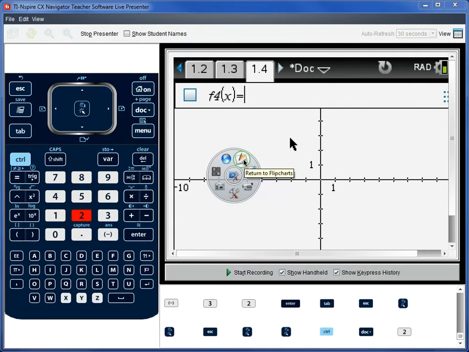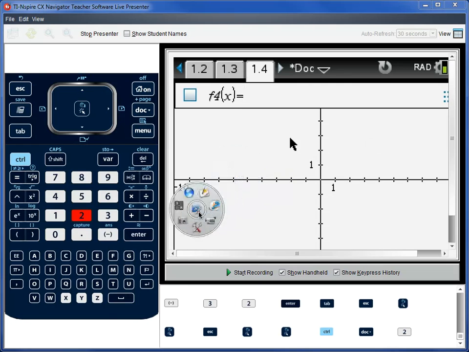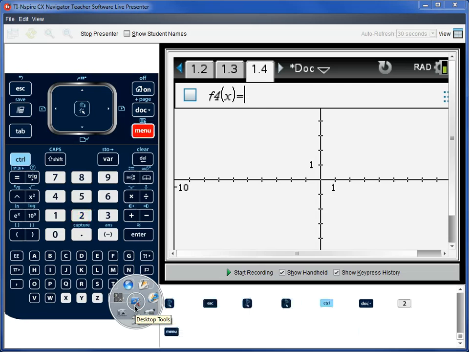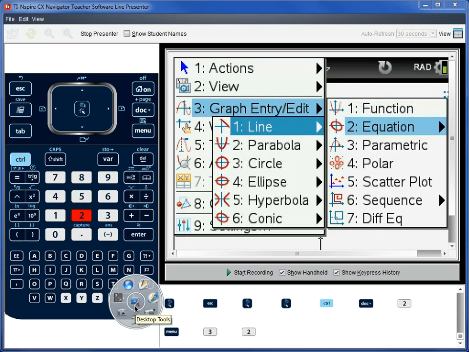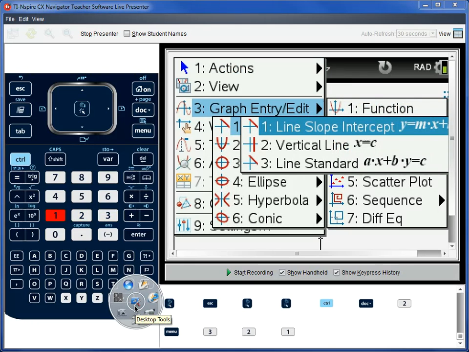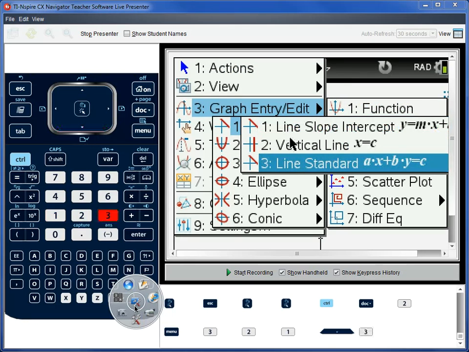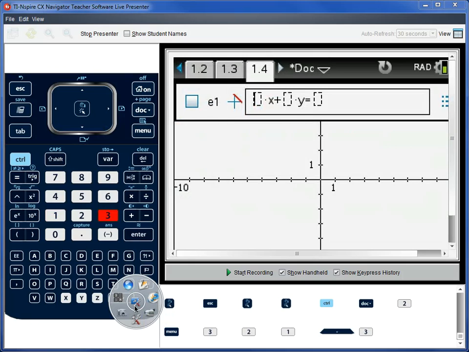So here we go. Let me clear out that. So I have menu, graph entry edit, equation, line, standard. My A value is +4, my B value is -5, and my C value is 20.